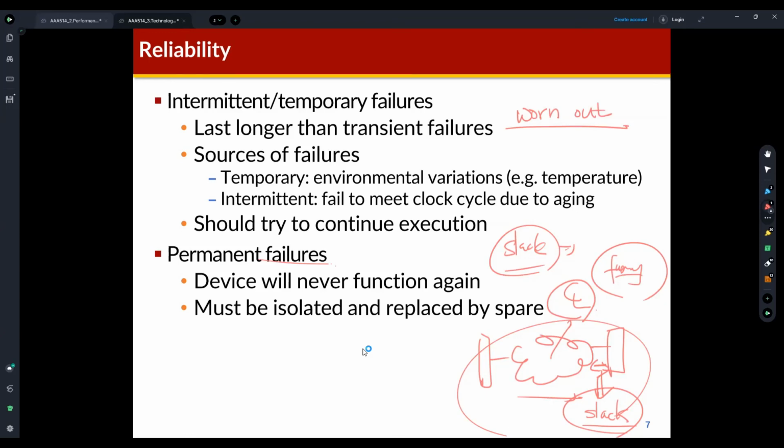This means the CMOS transistors are used again and again for a long time, and they wear out. So the properties are getting worse, and some circuits can generate incorrect values. So these are also reliability issues.